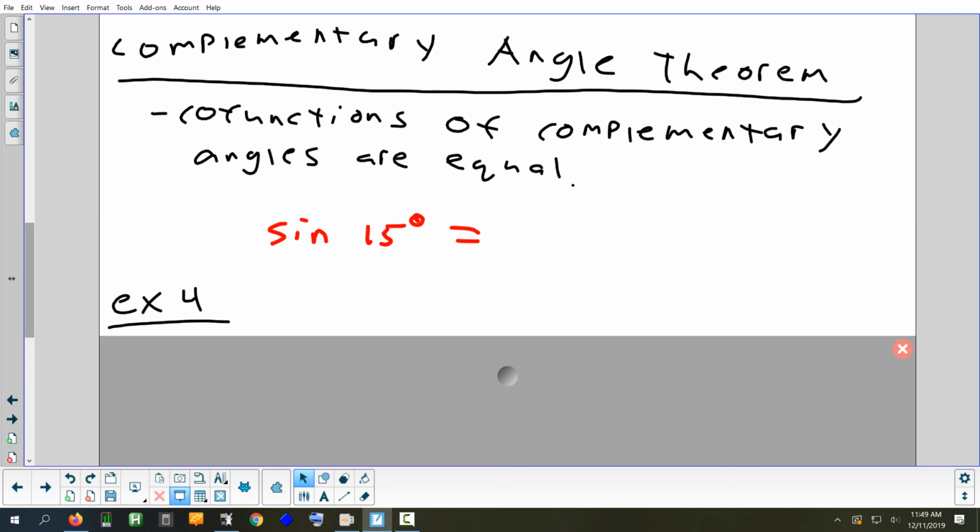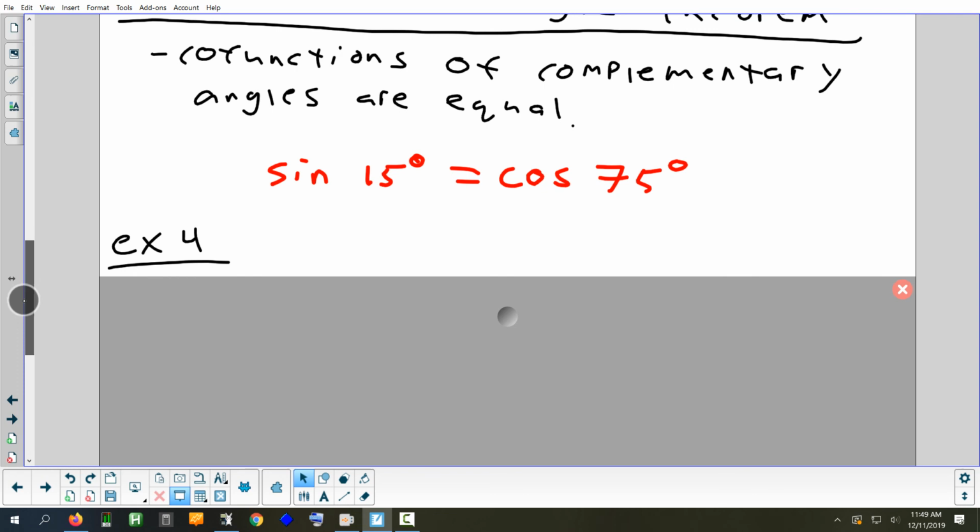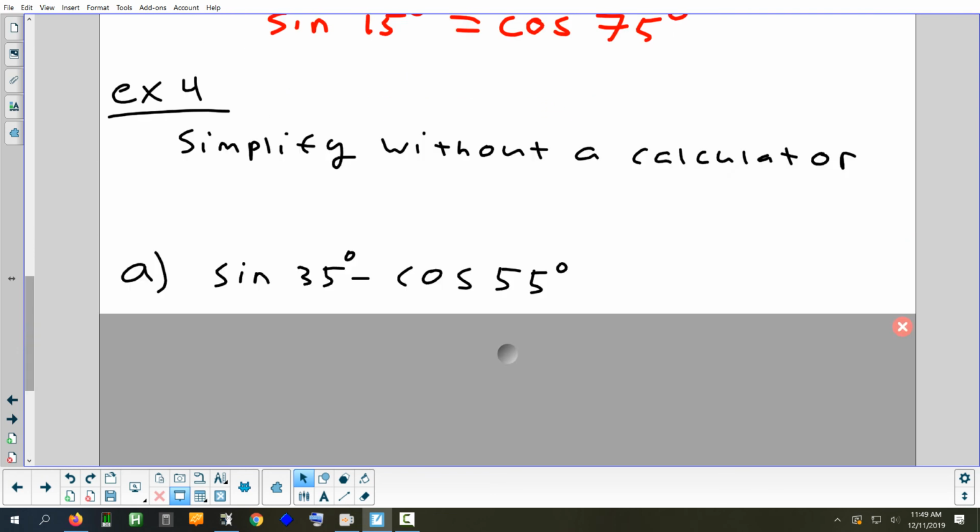What's the cofunction that matches up with sine? Cosine. What's the angle that's complementary to 15? 75. If you check that on your calculator, they will come out the same. It doesn't tell you what it comes out to, but it does tell you that they would come out the same. Cofunctions, complements.